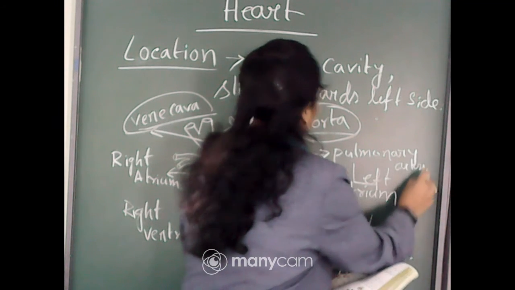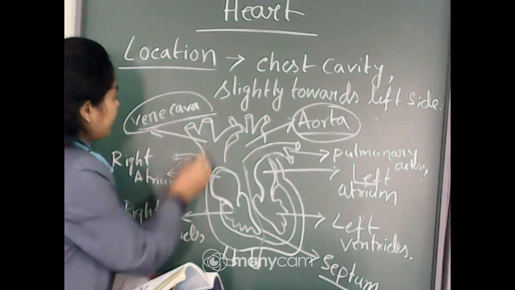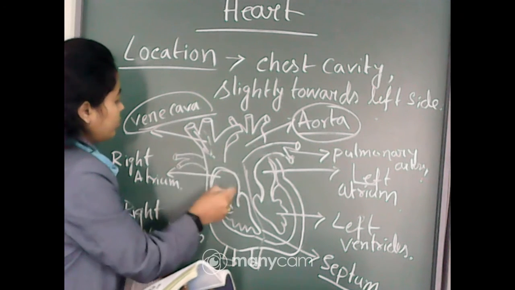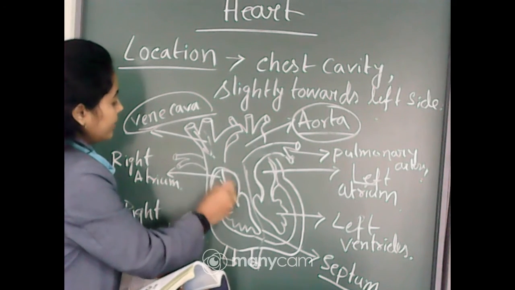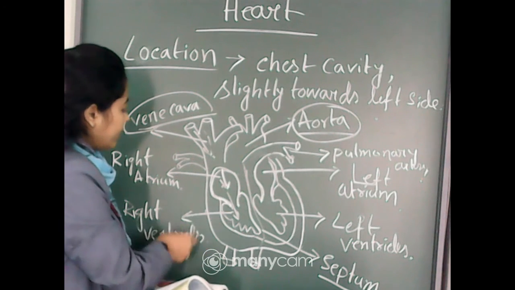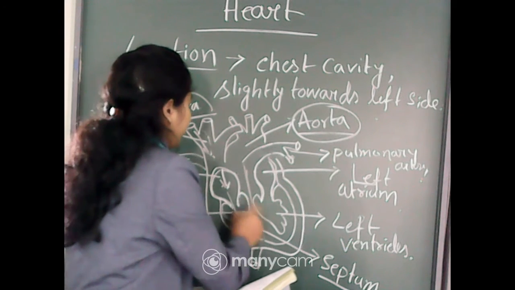You know easily what the main function of the pulmonary artery is: to carry deoxygenated blood. So in this portion, deoxygenated blood comes from the vena cava to the right atrium. Next, when it contracts, it comes to the right ventricle.